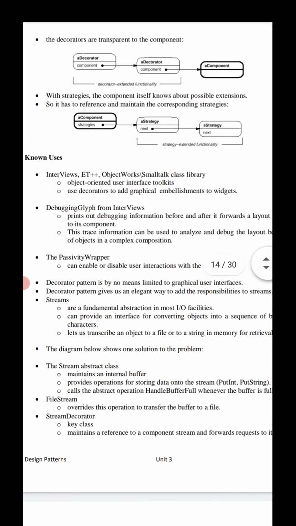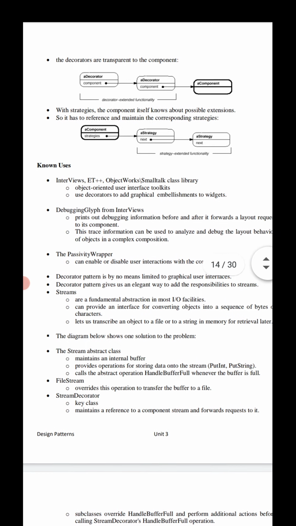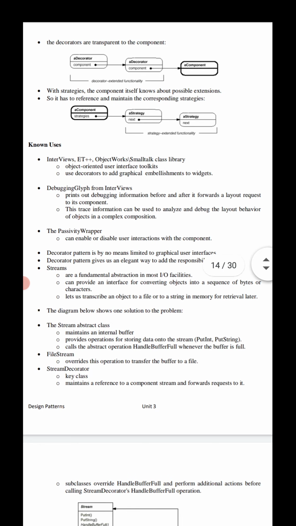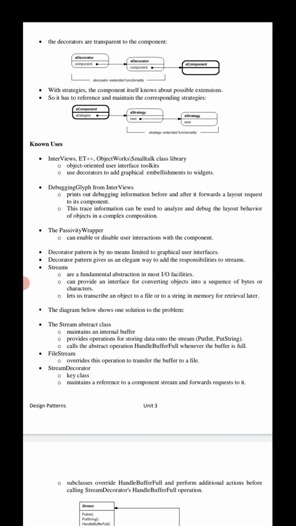Now coming to the next section, known uses. Known uses means examples of the decorator design pattern in real-world systems. Examples include InterViews, ET++, ObjectWorks and the Smalltalk class library. Many object-oriented user interface toolkits use decorators to add graphical embellishments to widgets.